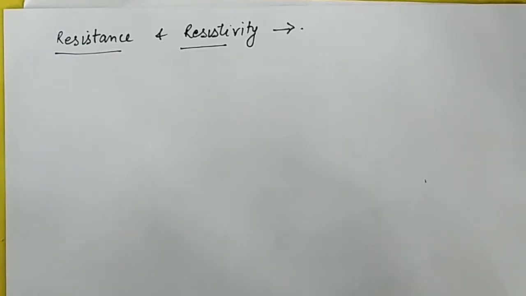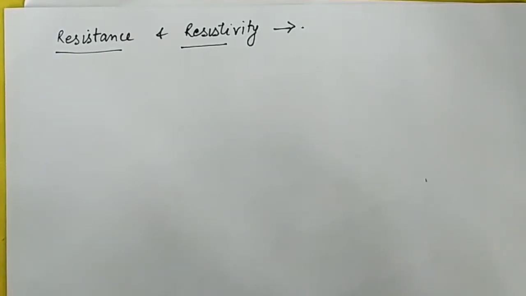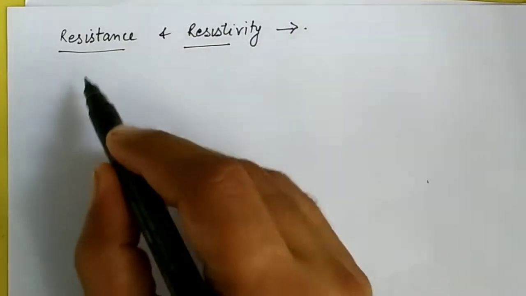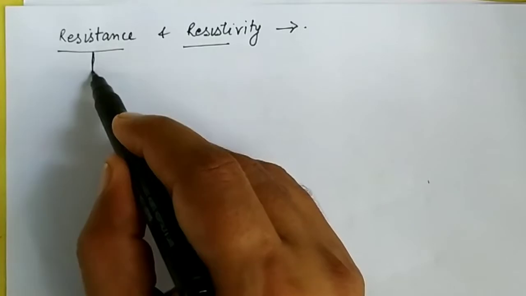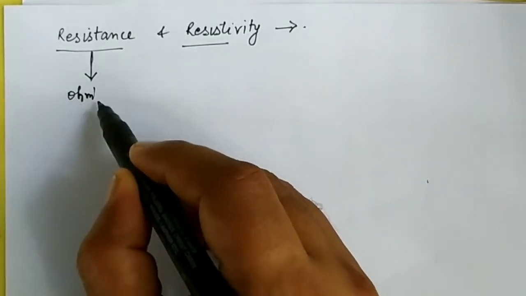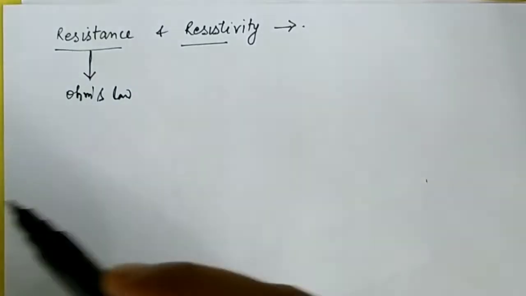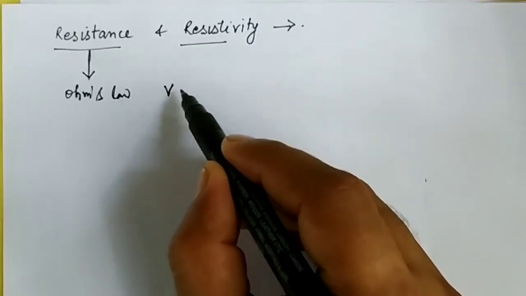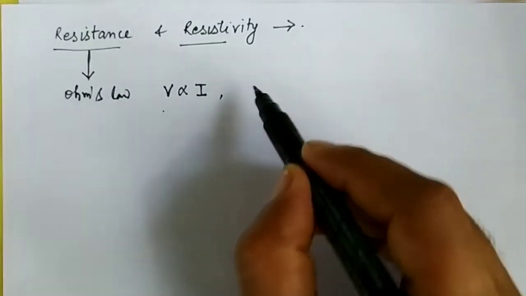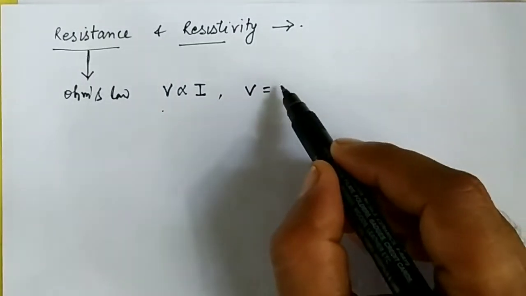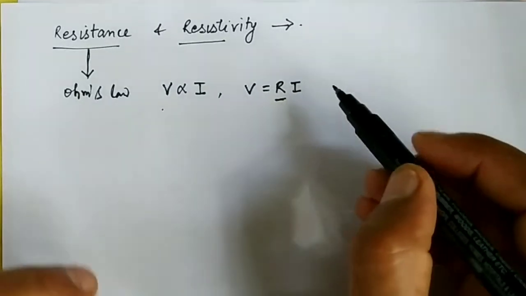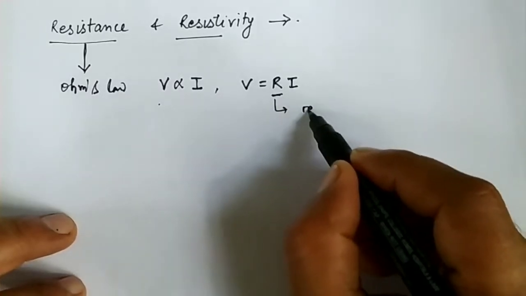In this video, we will discuss resistance and resistivity. Now, we already know the term resistance. This term came from Ohm's law, which says that V is directly proportional to I, where if you remove this proportionality constant, then that constant is R. This term R is known as resistance.